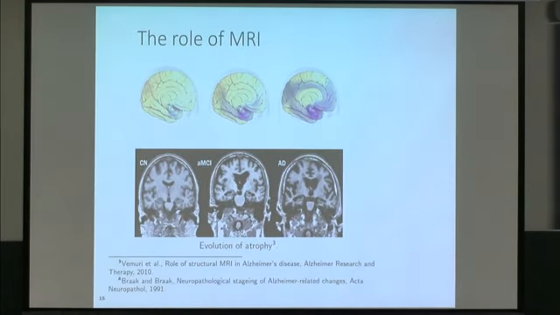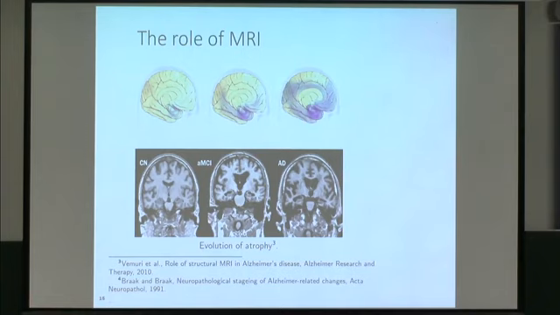That originates back to Braak and Braak when they were doing the staging of Alzheimer's disease, and Jack had a wonderful paper on looking at the role of MRI in Alzheimer's disease. What we all know by now is that the brain is shrinking during Alzheimer's disease.